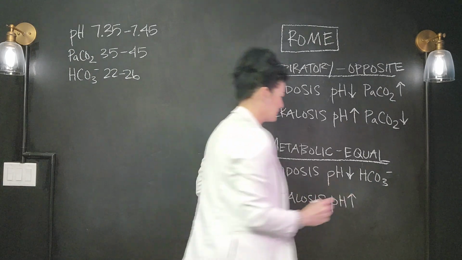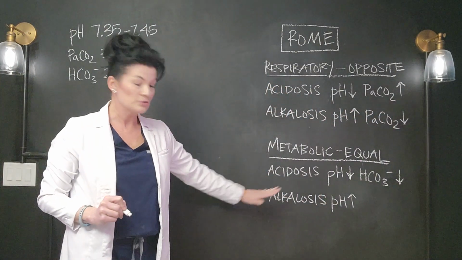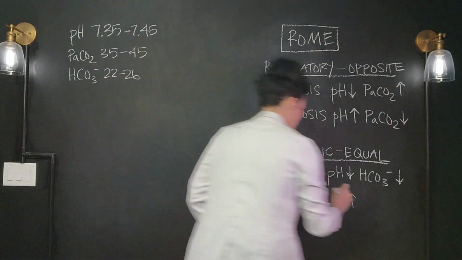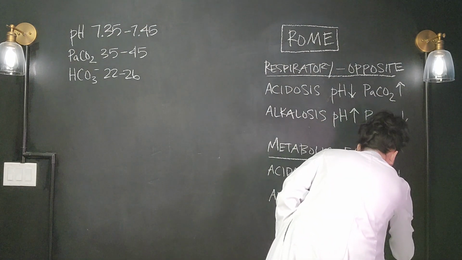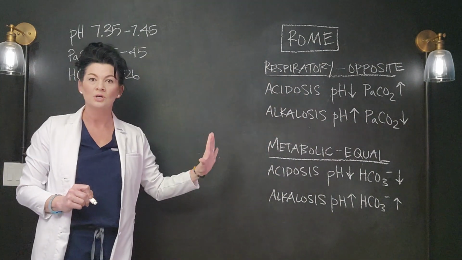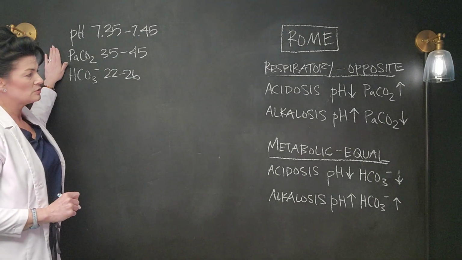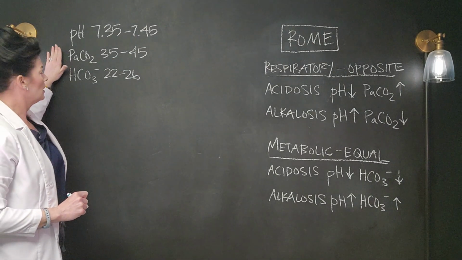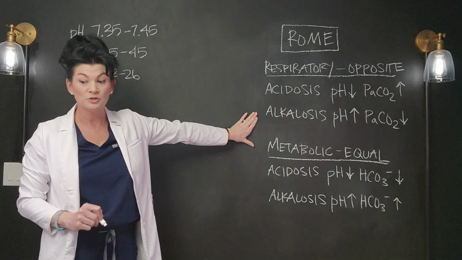It is also low. Alkalosis, if my pH is high, my bicarb is also high. Okay? So again, I'm just creating a legend to use as I start working through my problems. All right. So we've got our values here for the 3 different values of ABGs we're going to look at. We've built our reference for ROME here.